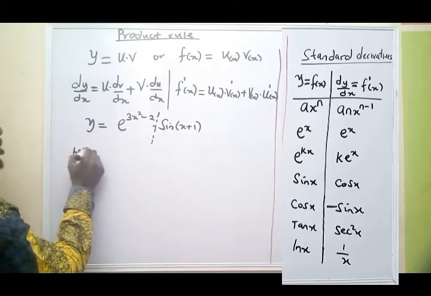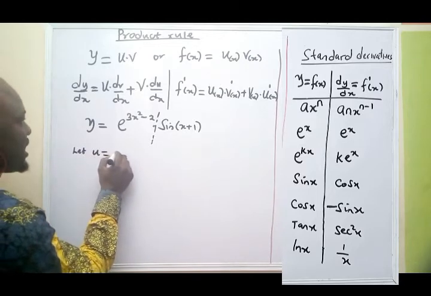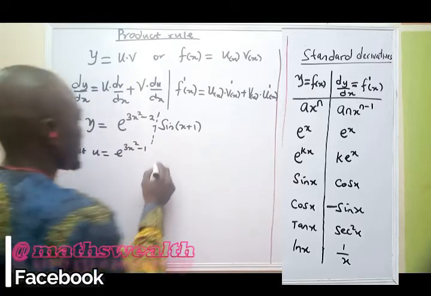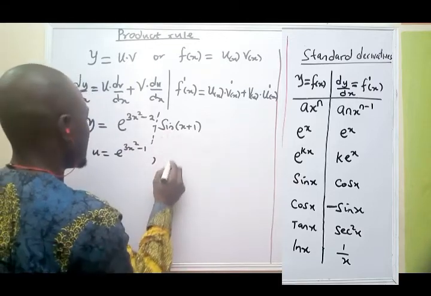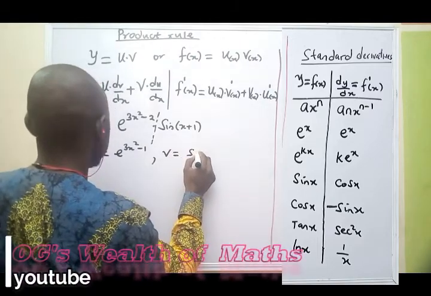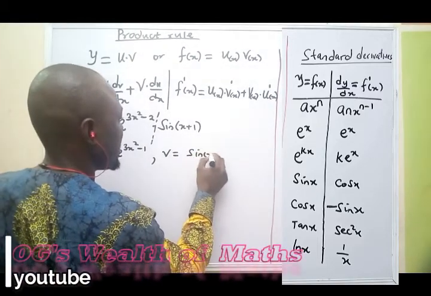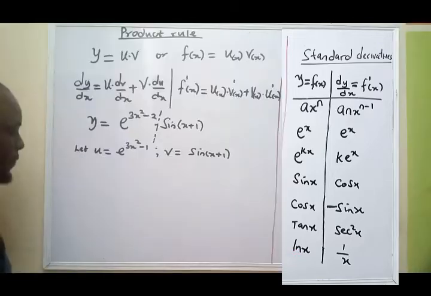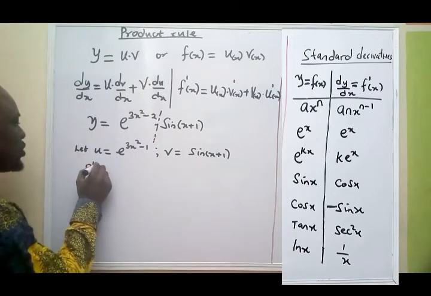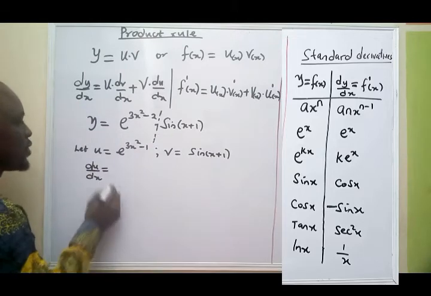I'll say let u be exponential 3x squared minus 1, and v is sine x plus 1. Now I'll differentiate u with respect to x, so du/dx equals.